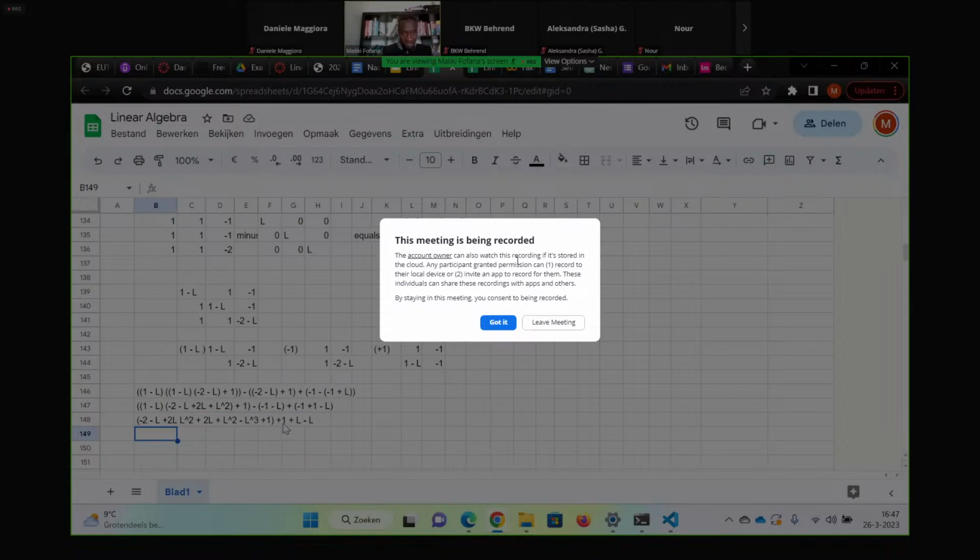Now this bracket can also be broken. But before I do that, I know that there is no other lambda to the power of 3, right? If there's no other lambda to the power of 3, the first thing I will do is take this lambda to the power of 3 as it is, because I know there's nothing that can be added to it or subtracted from it, right?